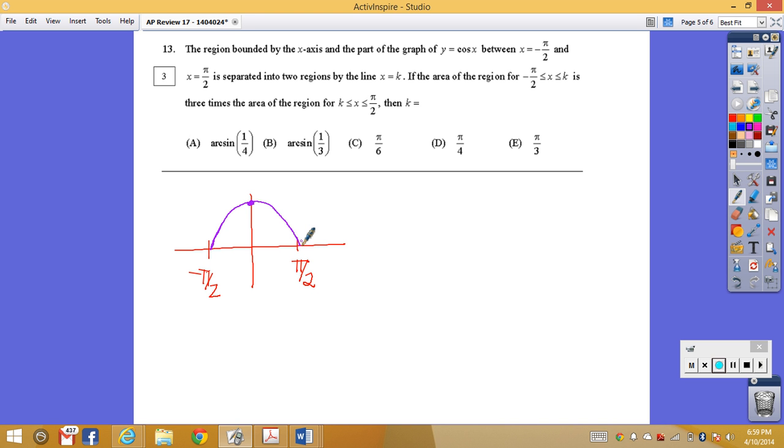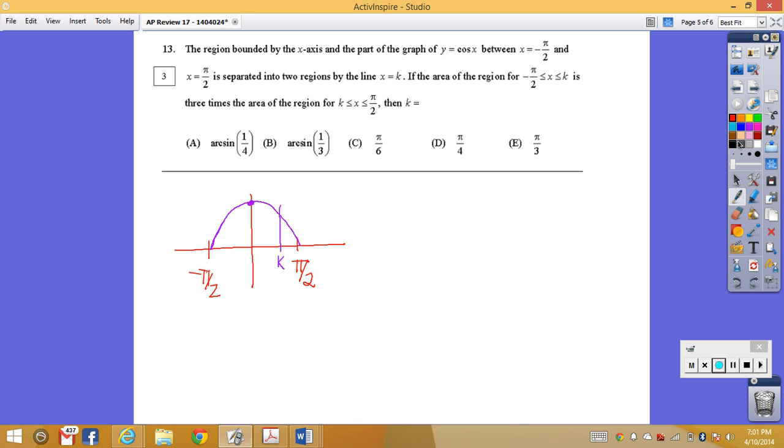So, from negative pi over 2 to pi over 2 is separated into two regions by the line x equal to k. If the area of the region from negative pi over 2 to k is 3 times the area, so now we know that x, or k, has to be over here. And it has to be 3 times the area. So, then k equals. Alright, so there is my not so awesome picture.